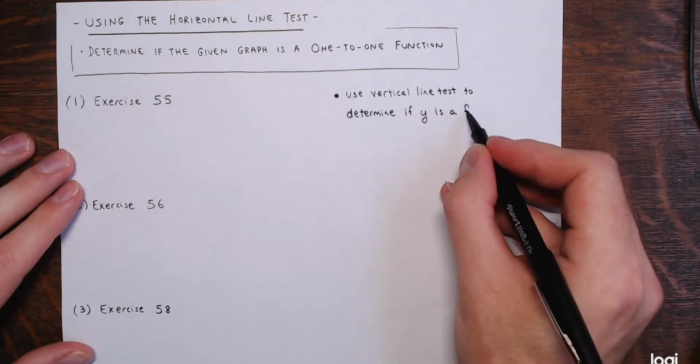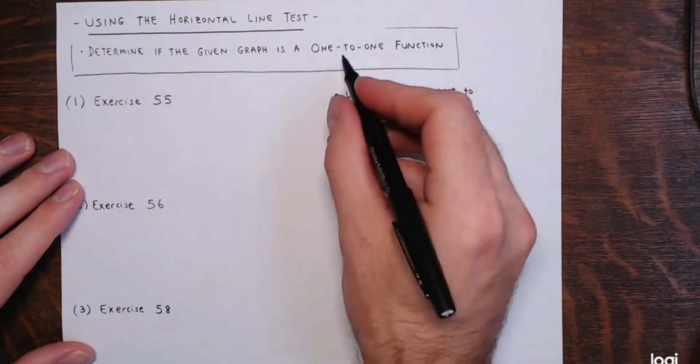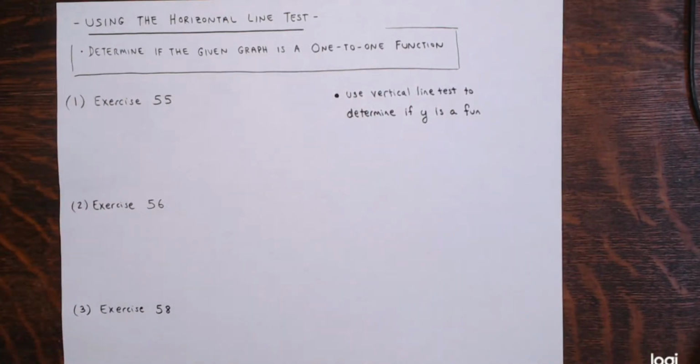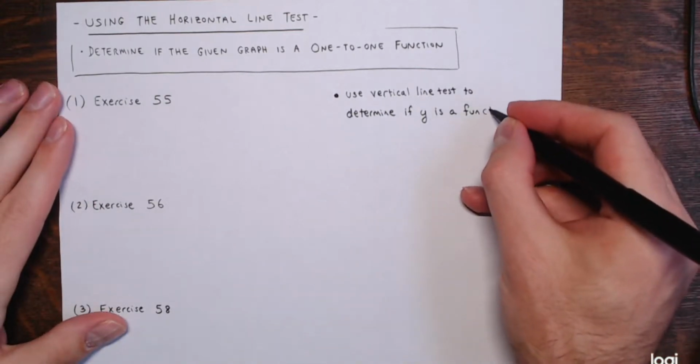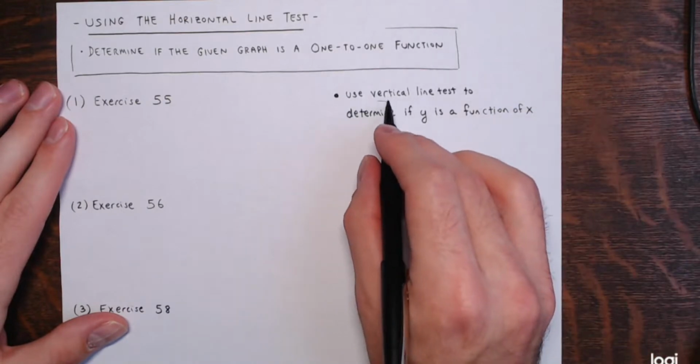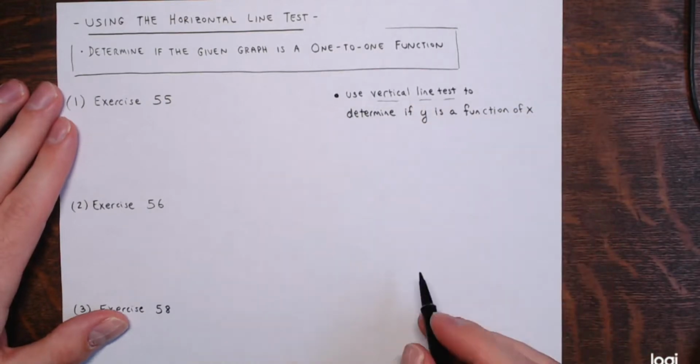Because if you don't even have a function, you definitely can't have a one-to-one function, right? A one-to-one function is a specialized kind of function.